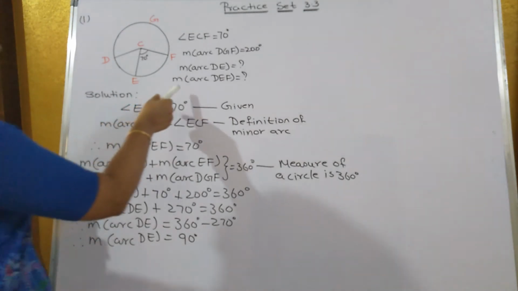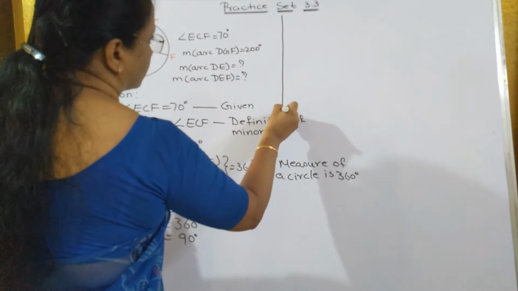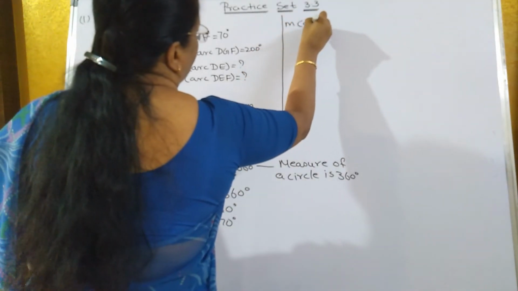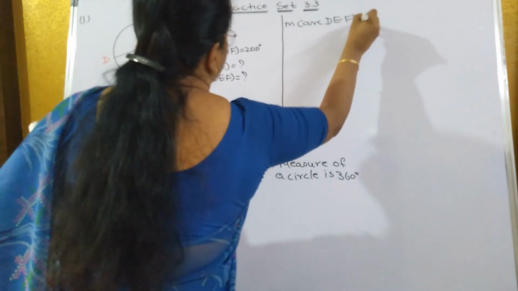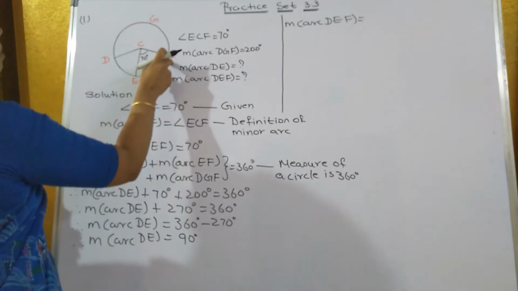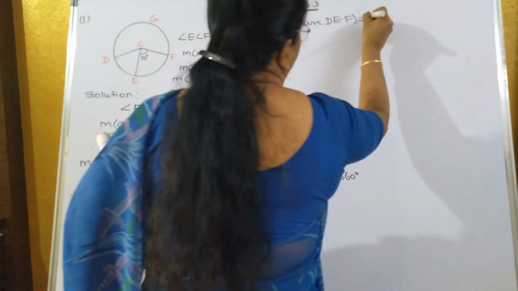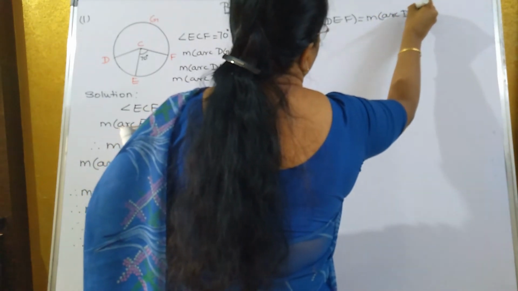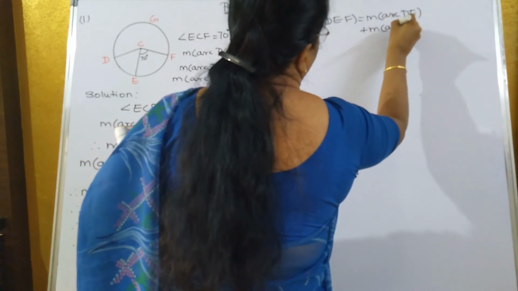Now we will find out measure arc DEF. Measure arc DEF is equal to what? DEF is made up of two arcs, DE plus EF. So measure arc DE plus measure arc EF.